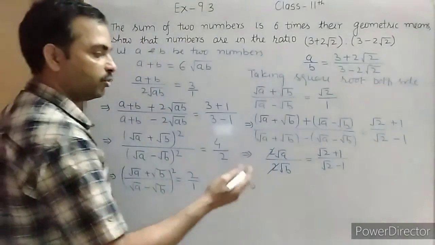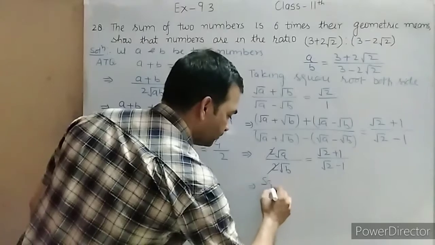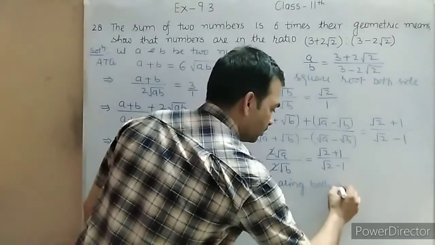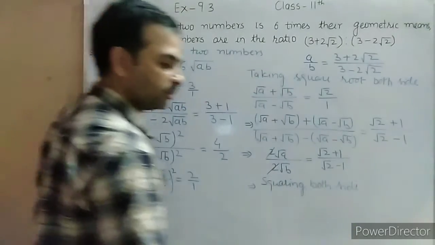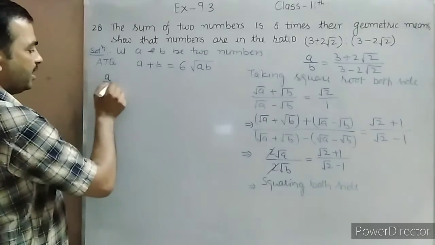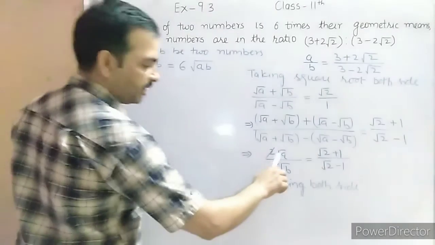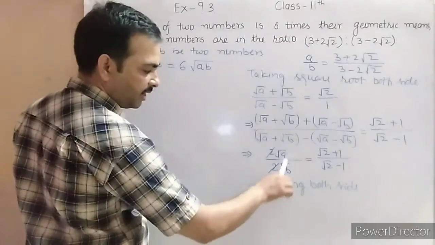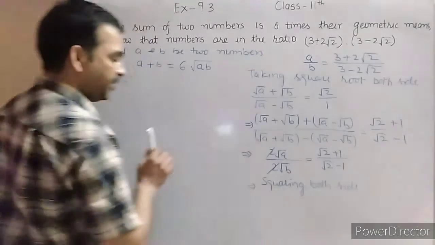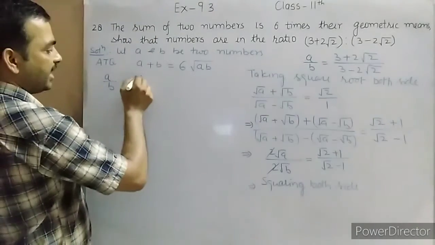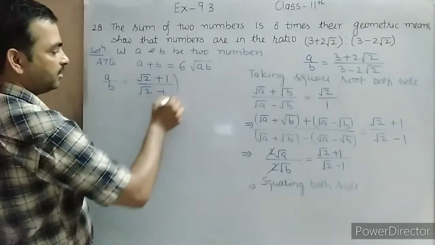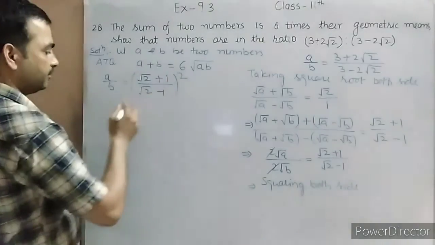Now again squaring both sides. What do we get? Here we have root A by root B, and after squaring we get A by B. And on the right hand side, root 2 plus 1 divided by root 2 minus 1, whole square.